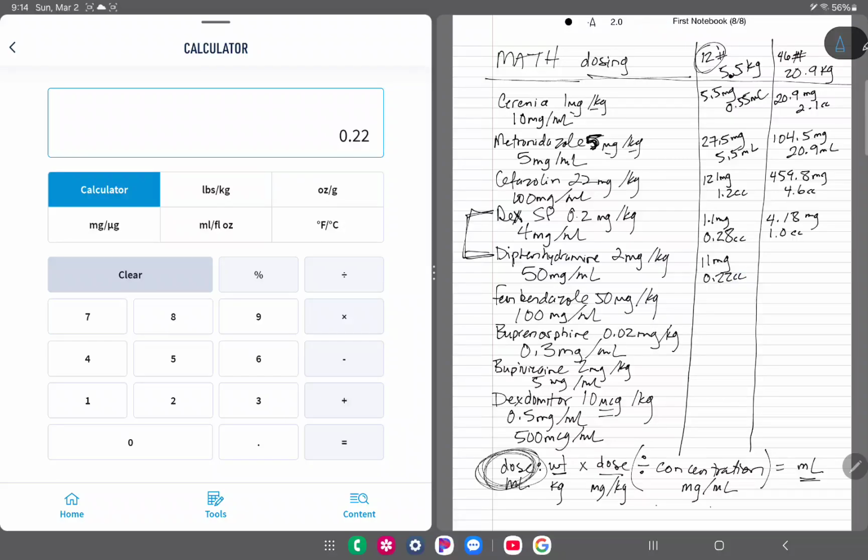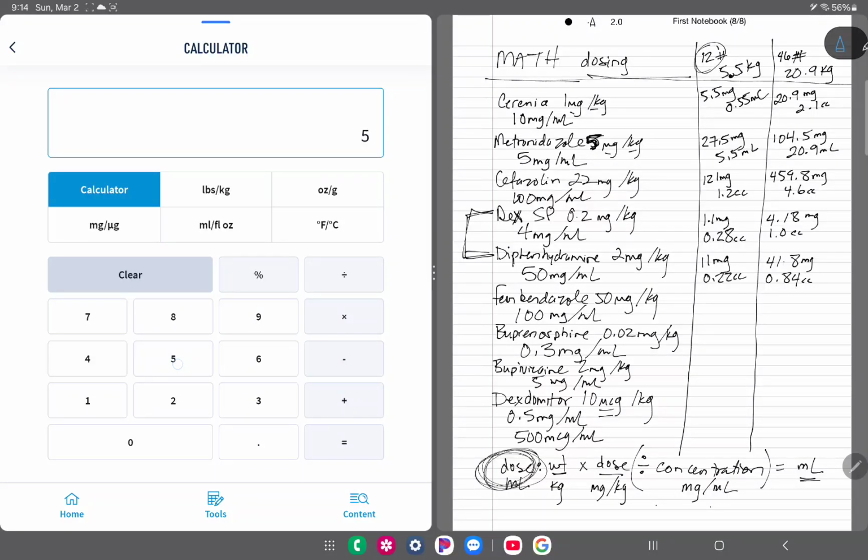That is what I can drop in a syringe. That same dog, 20.9 times his dose, still 2, and we get 41.8 mg. And we divide that by concentration, 50, is 0.84 when we round. And that is the dose we can draw in the syringe.